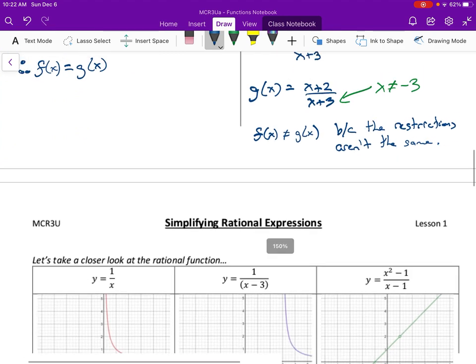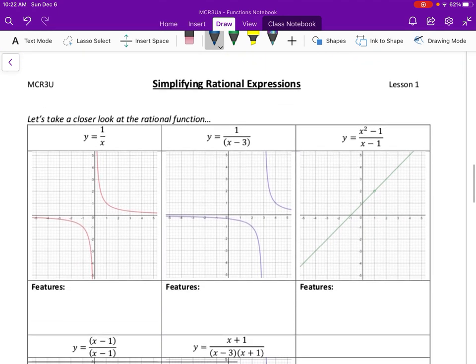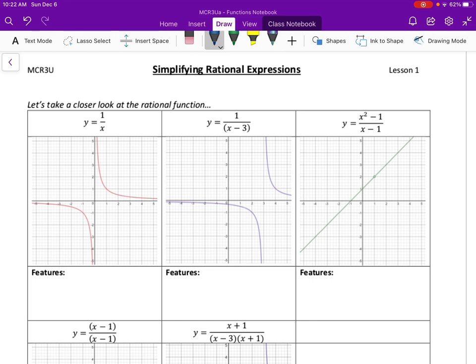Okay, let's look at the idea of a hole and the restrictions and what these restrictions represent. If you look at the first one here, this is our graph of 1 over x. And remember, for this, we get an asymptote at x equals 0.